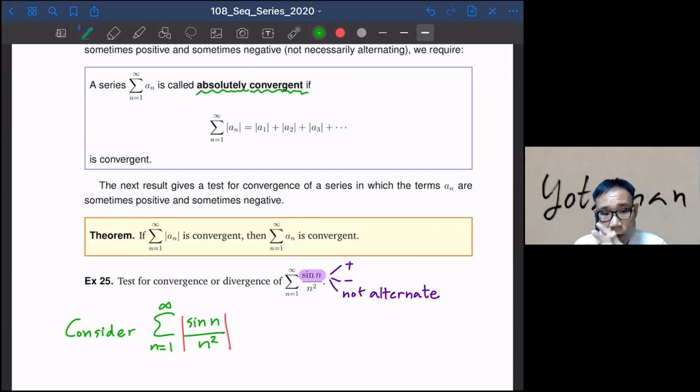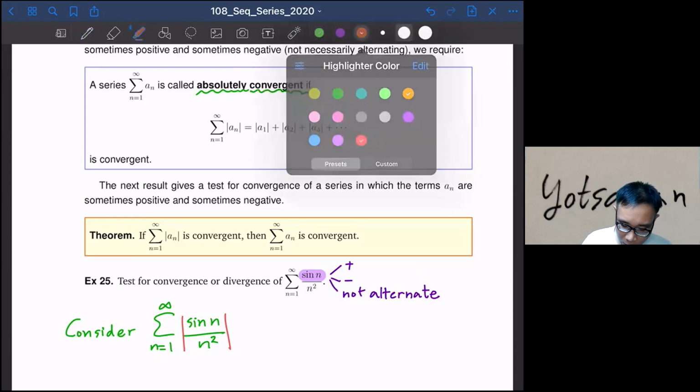And we have an important theorem: if the series is absolutely convergent, the series itself is also convergent. This is the result that we shall apply to this example.